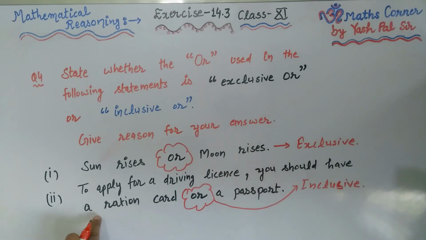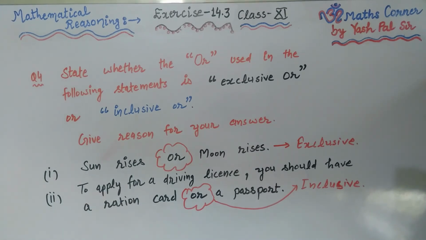Because if one person has both a ration card as well as a passport, even then he can apply for a driving license. If a person has only a ration card, even then he can apply. If the person has only a passport, even then he can apply. So the or used here is inclusive or.